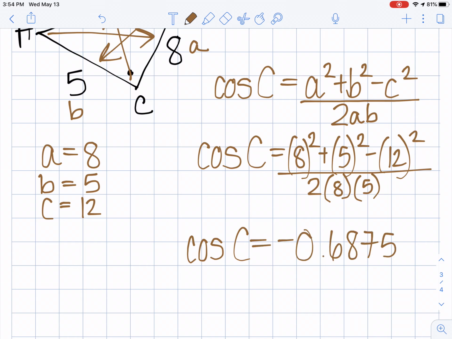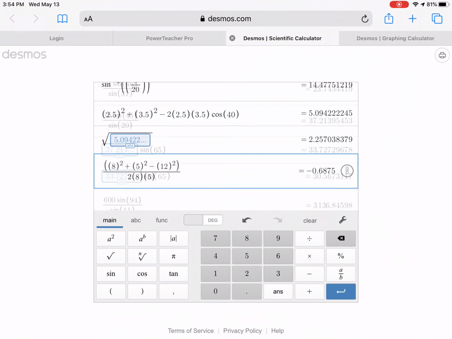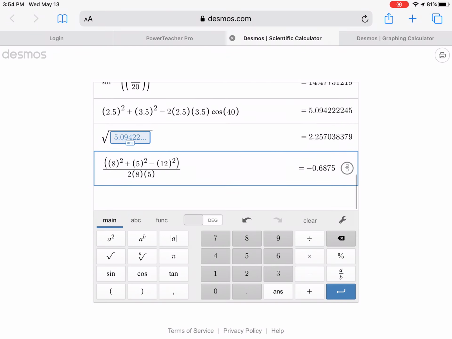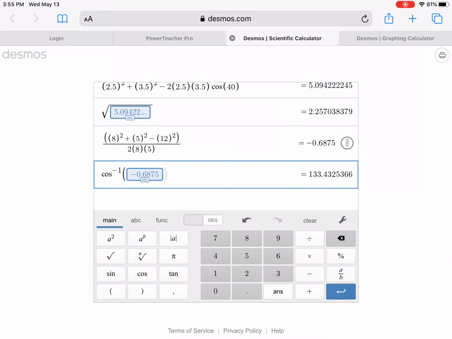But remember, it's the cosine of C. So in order to figure out my angle C, I have to take the inverse of both sides. So I get angle C is equal to the cosine inverse of negative 0.6875. Going back on my calculator, I'm going to hit function, and I want this cosine inverse, and I want to take it of the answer I just got, so I'm going to hit that button next to the plus, answer.